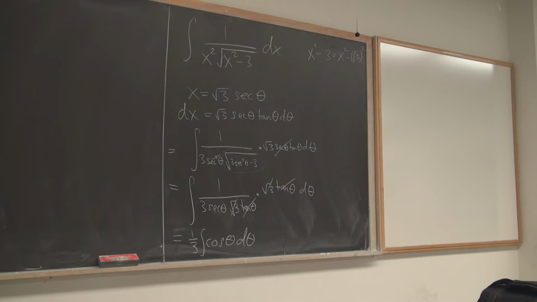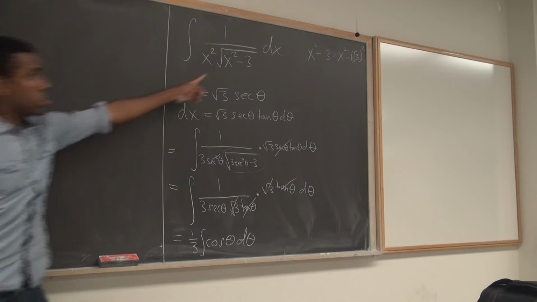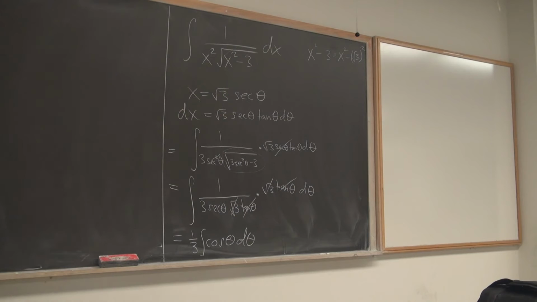X over radical 3 is equal to secant, or in other words, radical 3 over x is equal to cosine, which means I can do a triangle with theta here. Cosine is adjacent over hypotenuse, so that means this is adjacent, that's the hypotenuse. This side by Pythagoras' theorem would be radical of x squared minus 3, which you will notice was in the original.